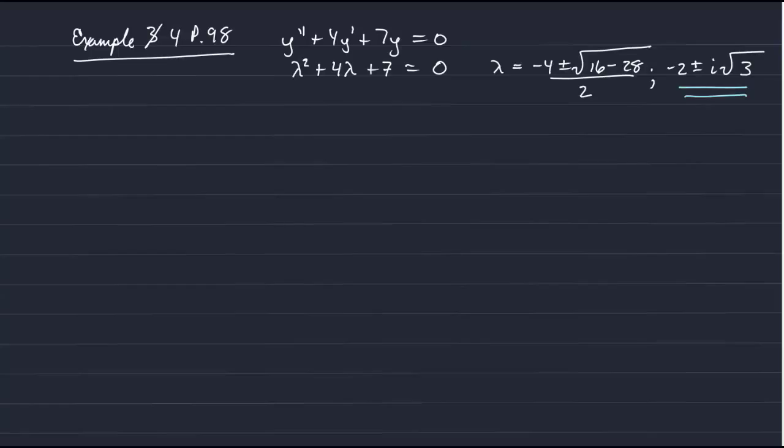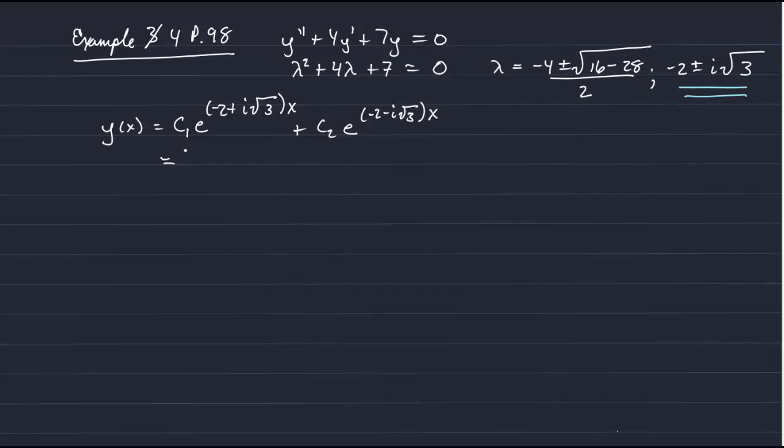So let's look at the general solution with this imaginary lambda, and that is C1 e to the minus 2 plus i times the square root of 3 times x, plus C2 e to the minus 2 minus i times the square root of 3 times x.